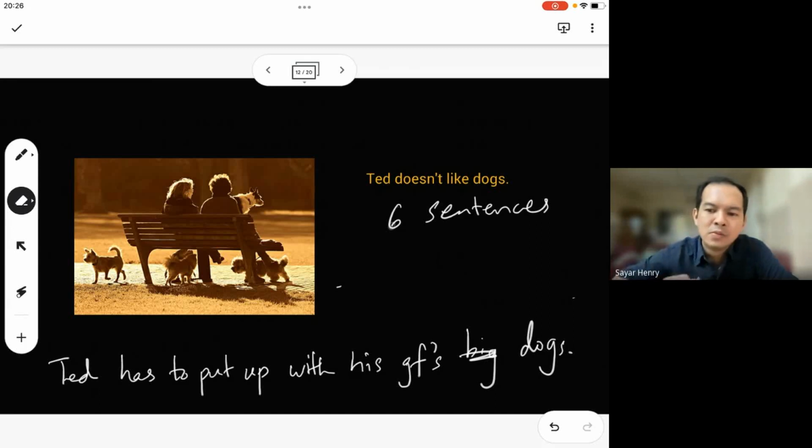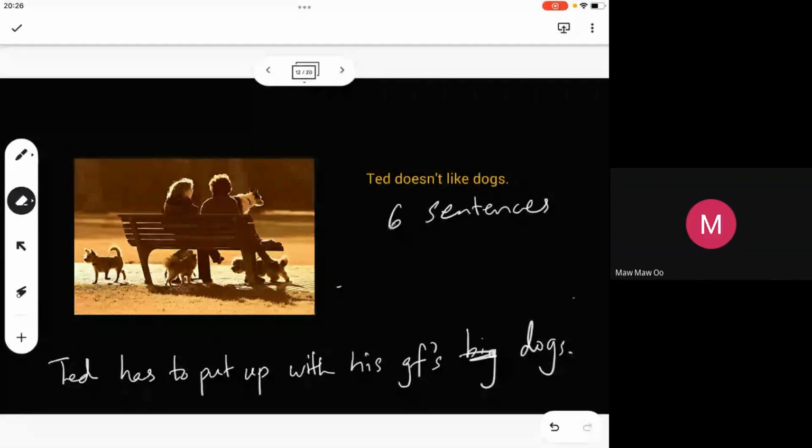Momo. Yes, Sayar. Ted doesn't like dogs because he had a bad experience in his childhood. And maybe he feels dogs disturb his pleasure time.